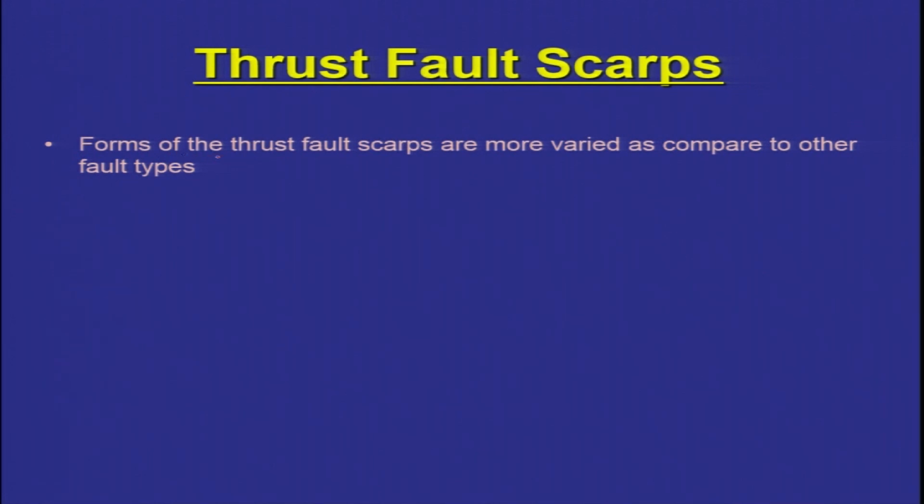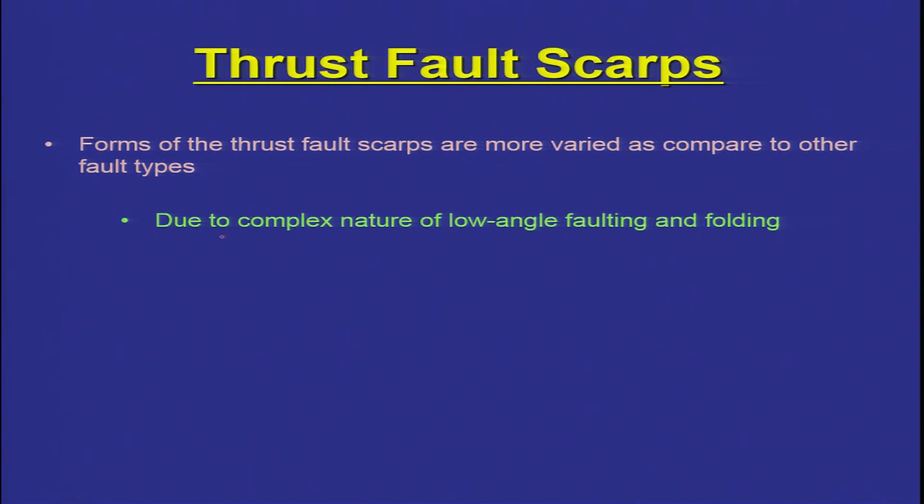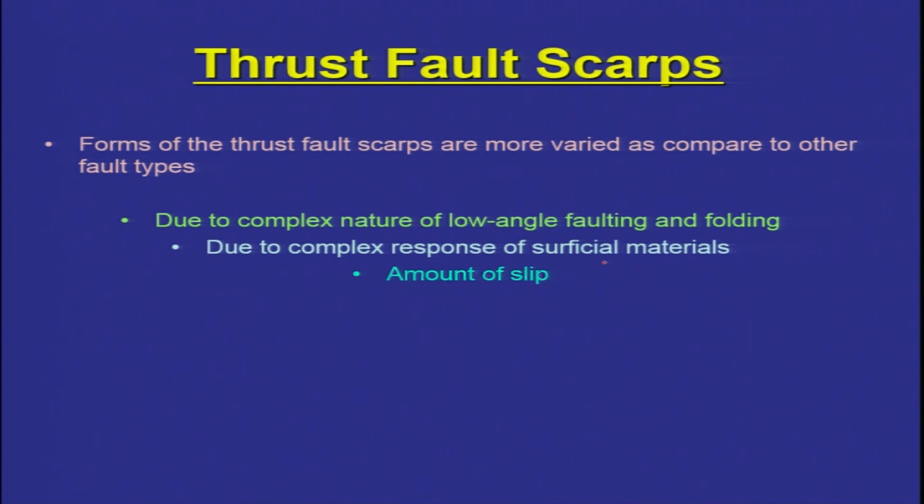Forms of the thrust fault scarps are more varied as compared to other fault types. Okay. And this will be due to the complex nature of low angle faulting and folding, then due to the complex response of the surface material, amount of slip on the fault, sense of slip, and geometry of the fault.